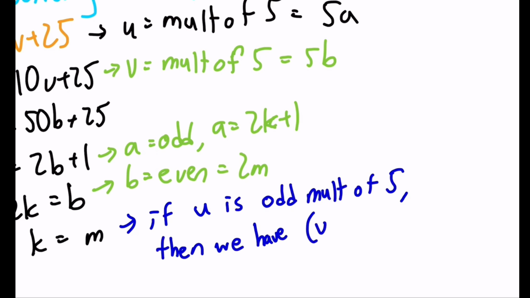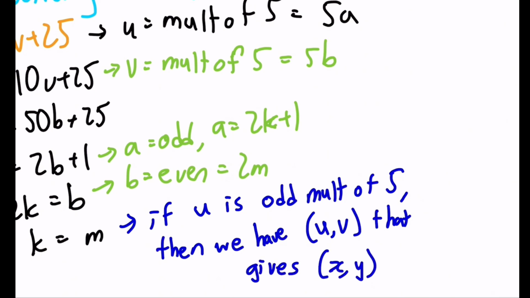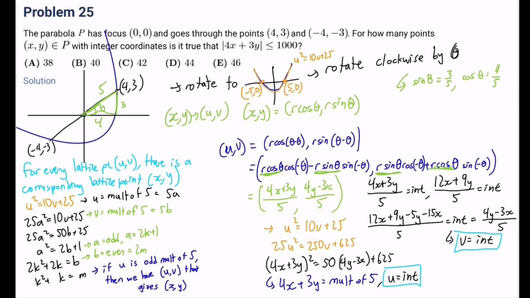(u, v), which gives (x, y), like that. And so for u to be an odd multiple of 5, we see that this has to be within 1000.